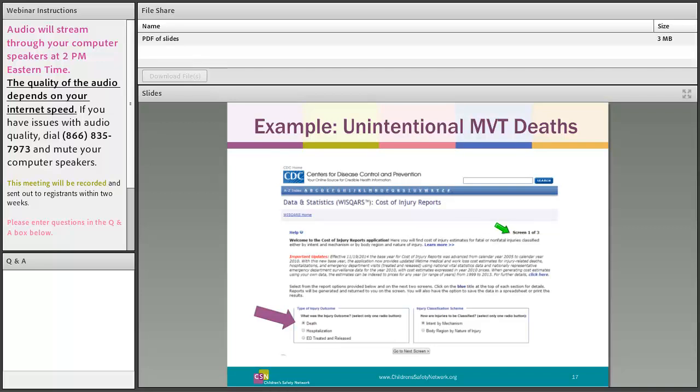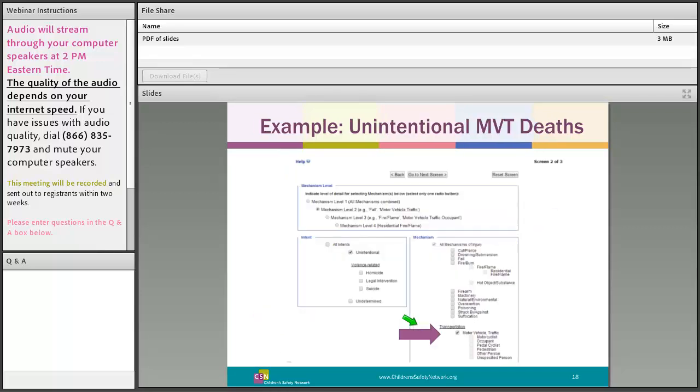So here in this first example, we're going to work through a series of examples looking at the cost of unintentional motor vehicle deaths for 10 to 19-year-olds. So the initial selection one would make is death as a level, and then intent and mechanism as a classification scheme in this initial screen.